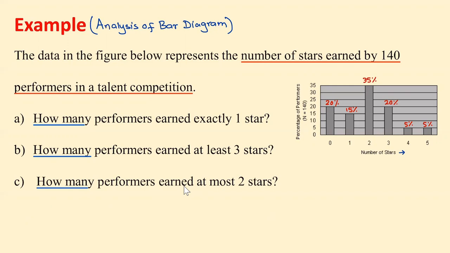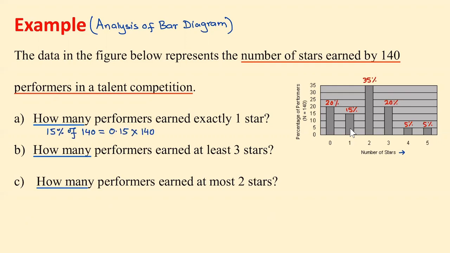So for the first part, A, how many performers earned exactly 1 star? You can see 15% on 1 star. That is 15% of 140, or 0.15 times 140.